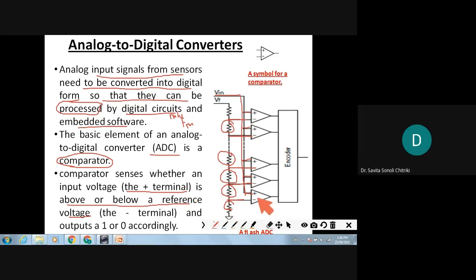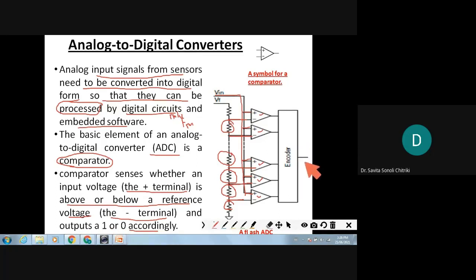So the voltage available at this comparator is different, at this comparator is different, because the voltage drop is different at all the other inputs there. So Vin and Vreference are compared there. The comparator senses whether the input voltage at the plus terminal is above or below the reference voltage, which is connected to the negative terminal, and outputs either 1 or 0 accordingly.